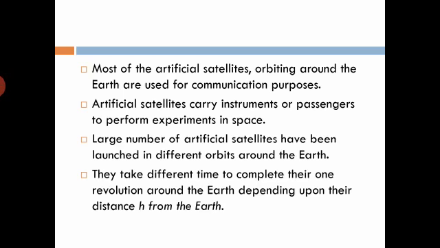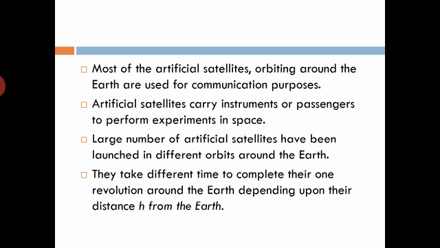Every satellite has its different orbit. And what is the orbit? Orbit is the circular path around the Earth in which the satellite completes its revolution around the Earth. They are not launched in the same orbit.